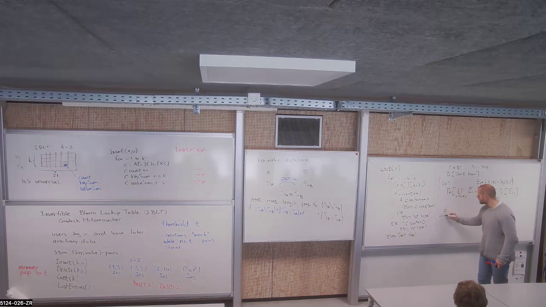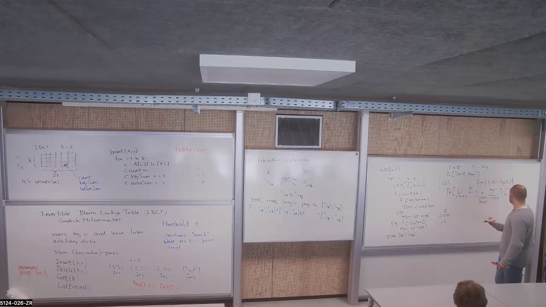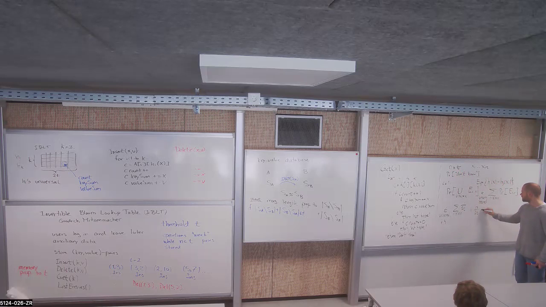So now it's the sum over those i's where xi is not equal to x of 1/2t. There's at most n items in the data structure at this time, so this is at most n/2t, and this is at most a half. So the probability that I collide with someone in the first row is at most a half.